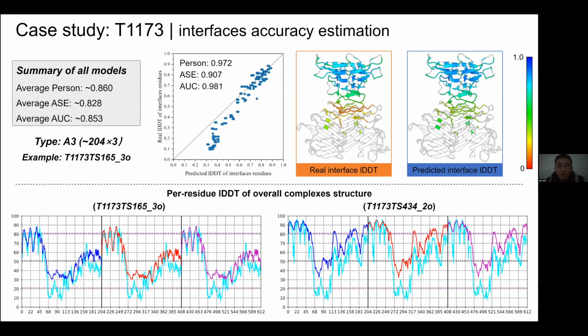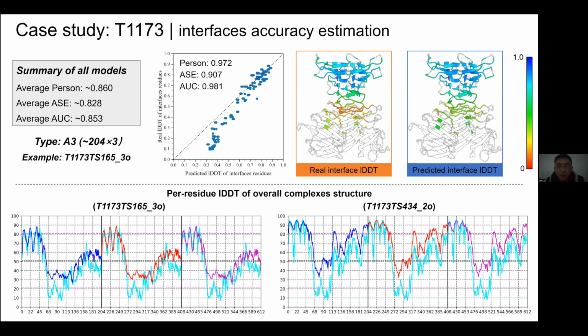The third case is T1173, which consists of 3 identical chains. The performance of DPMQ3 on this target is the best among our targets. The average Pearson correlation is about 0.86. Here shows an example for interface residue estimation.